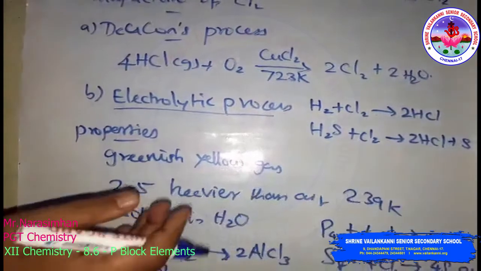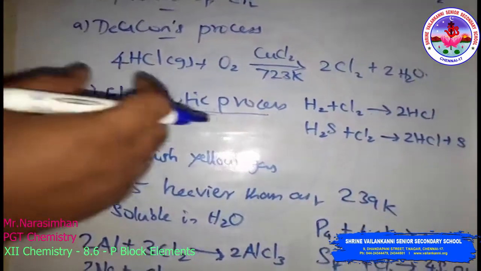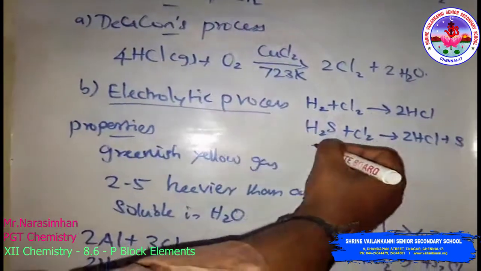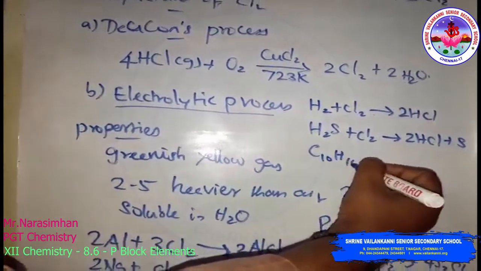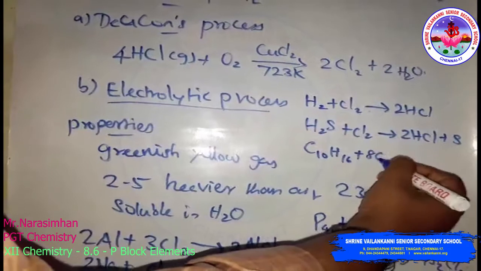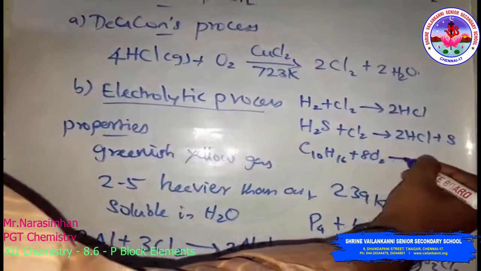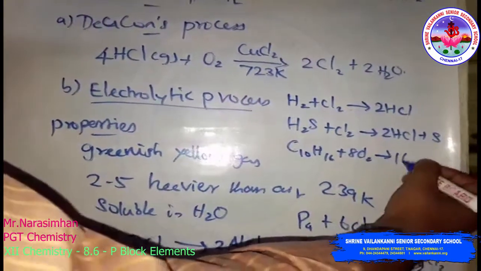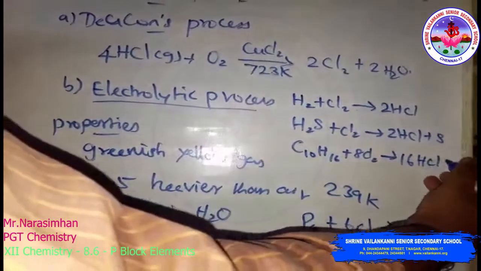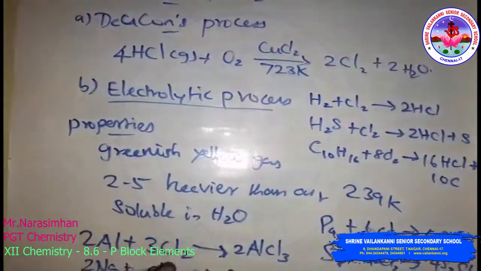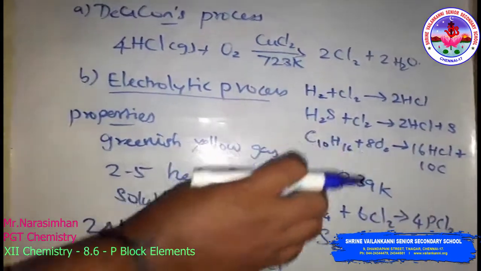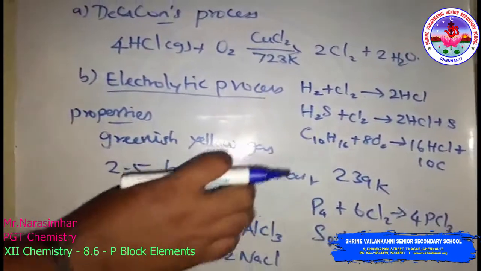Then decane, that is a hydrocarbon, C10H16, reacts with chlorine to form HCl and 10 moles of carbon. So these are the main properties of chlorine.